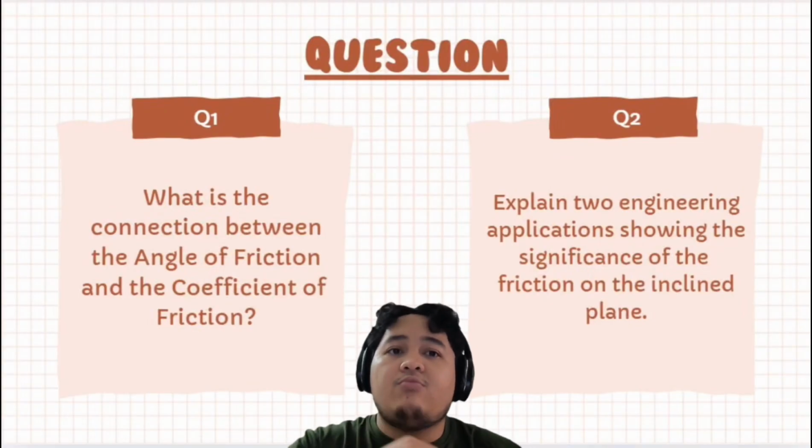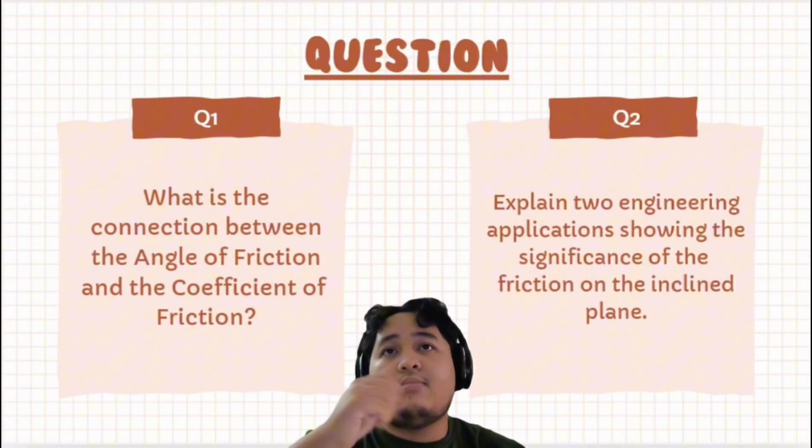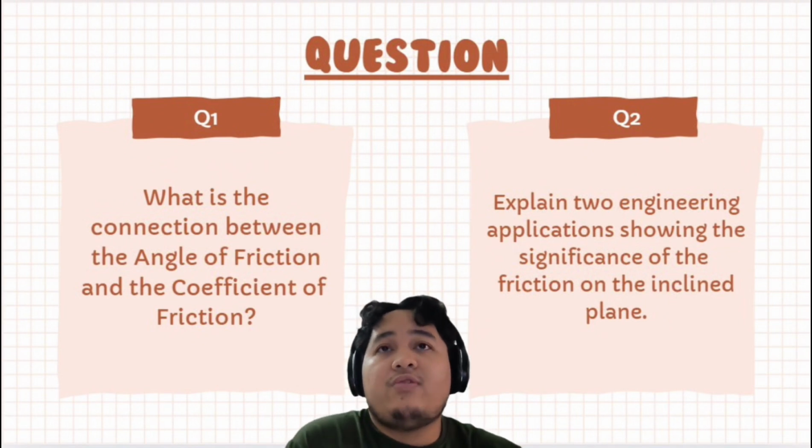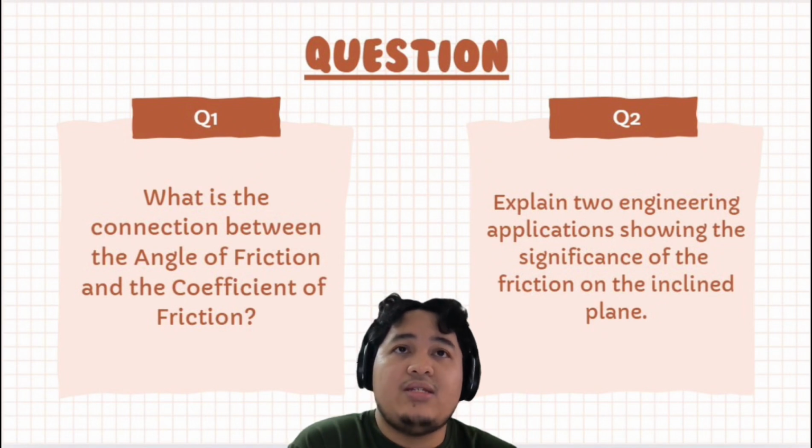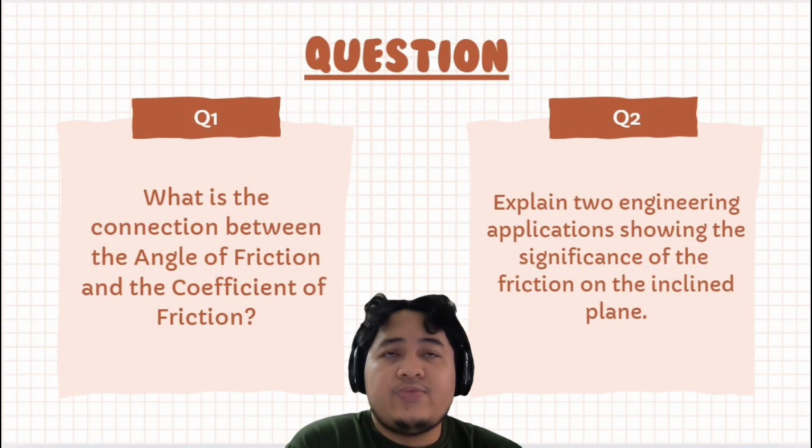Okay, next, I'm Muhammad Shurim, and I will present the questions. The first question is, what is the connection between the angle of friction and the coefficient of friction? To understand this relation, we should know what the angle of friction is. This term is used for the angle between the resultant force and the normal force.